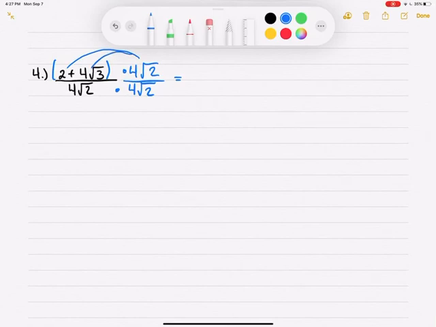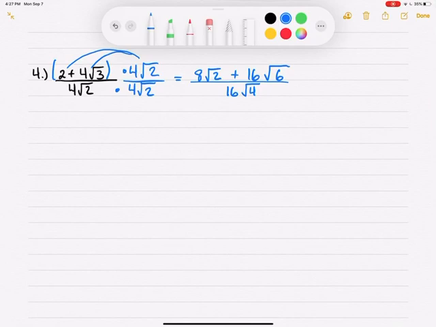So this becomes 2 times 4 is 8, square roots of 2, plus 4 times 4 is 16. The square root of 3 times the square root of 2 becomes the square root of 6. And this is all over 4 times 4 is 16, and then the square root of 2 times 2 becomes the square root of 4.